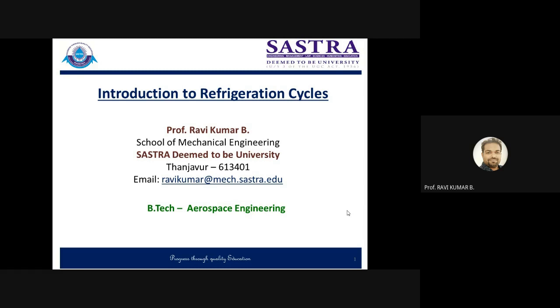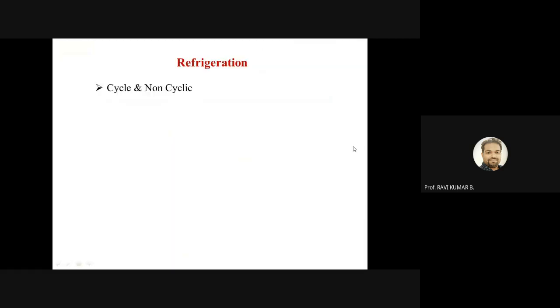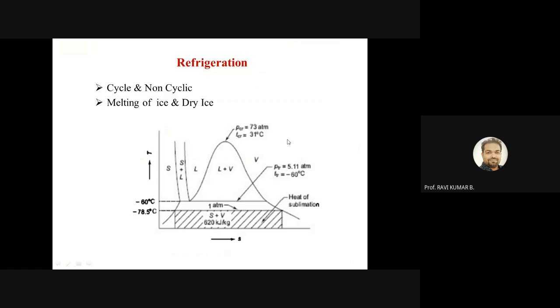But if we look at these two, we know from this diagram, which you studied in the properties of pure substances, when we are dealing with dry ice, the process will be happening from this side, directly going to the vapor.